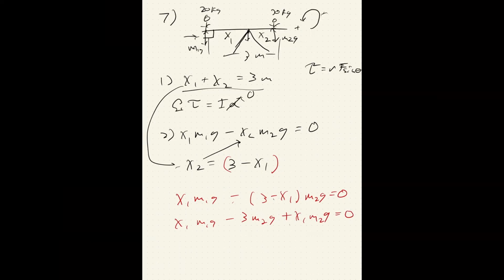So I'm going to take this, put it over here, and combine the other two terms so I can factor the x1 out. So I have x1 times m1g plus m2g equals 3 m2g.